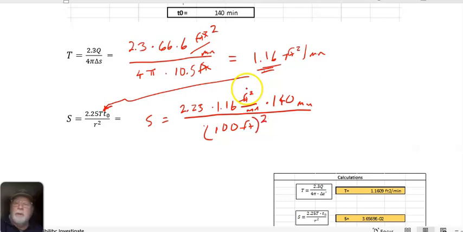Hopefully I did the right units the first time through. Feet squared over feet squared cancel out, minutes over minutes cancel out, so I do have a dimensionless number, and this equals 0.0366. So it's 3.66 times 10 to the minus 2. Again, this is probably from one of our underground storage tank sites, so that's kind of looking like it might be an unconfined aquifer.